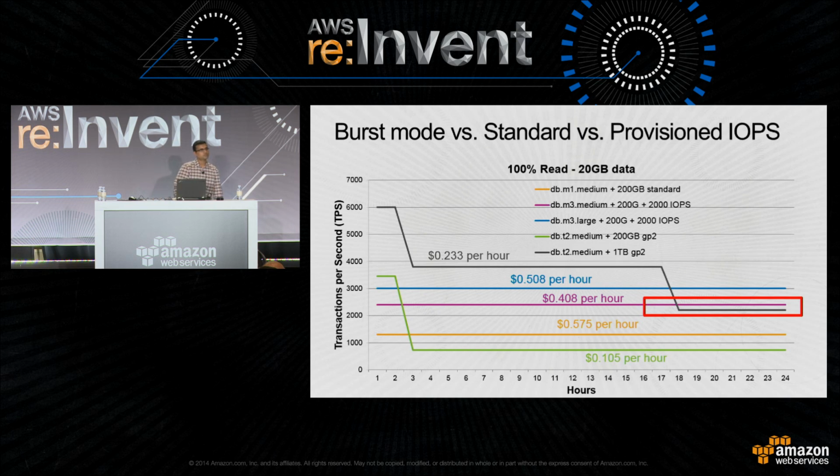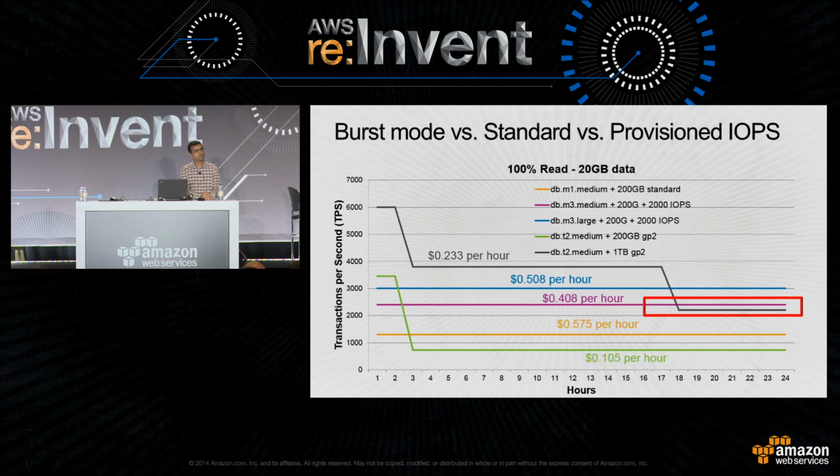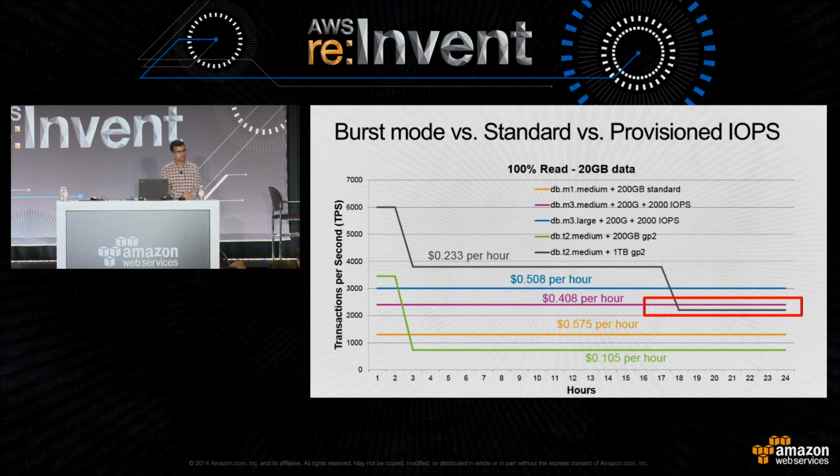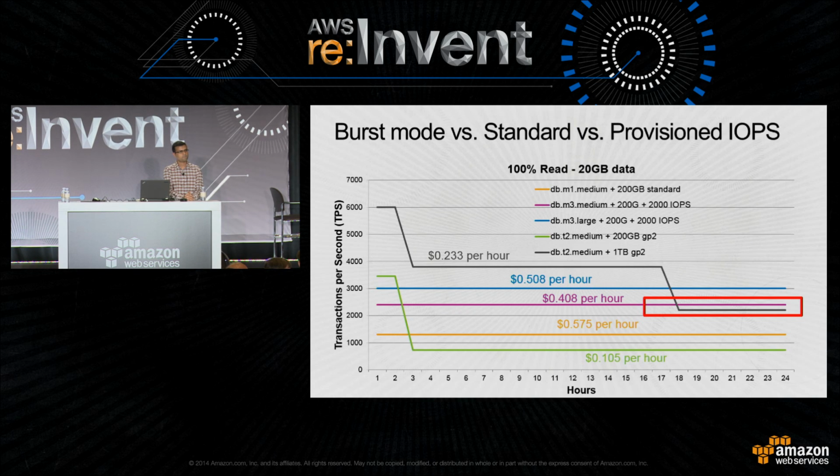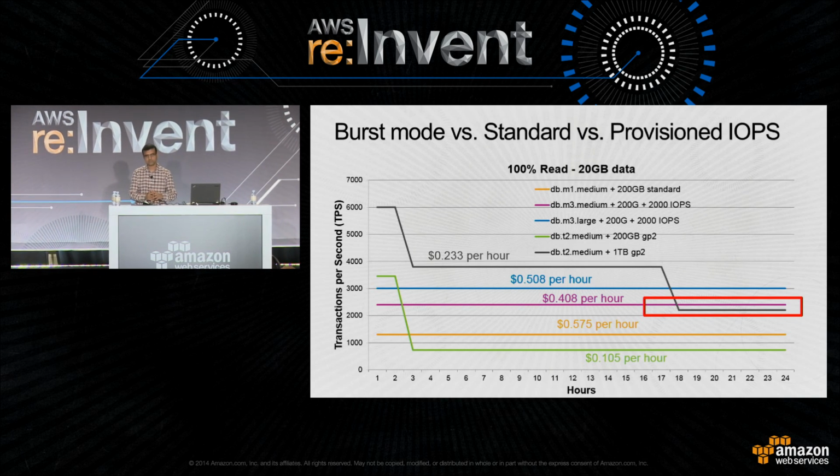Do you have any tips on speeding up the time it takes to launch a snapshot? To restore from a snapshot, you mean? It takes like 15 to 30 minutes. Is there anything we can configure to speed that up? Well, part of it depends on the storage type you're restoring to. If you're using magnetic, it's a little longer.